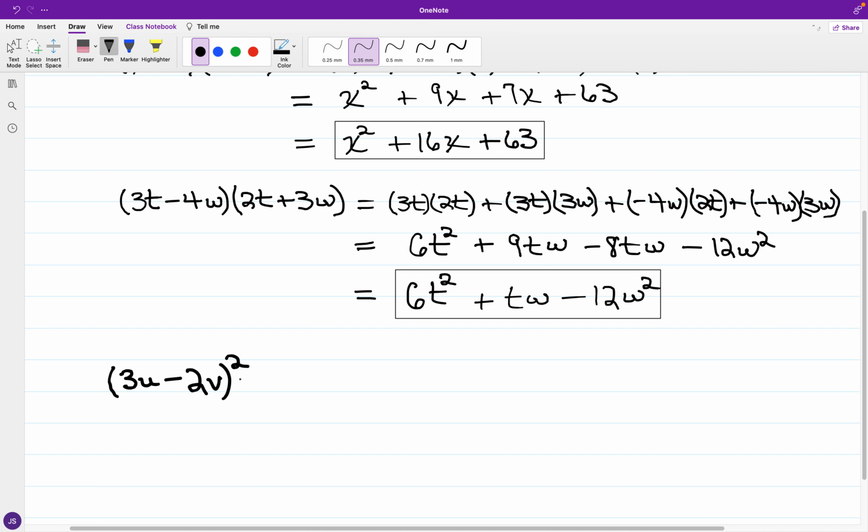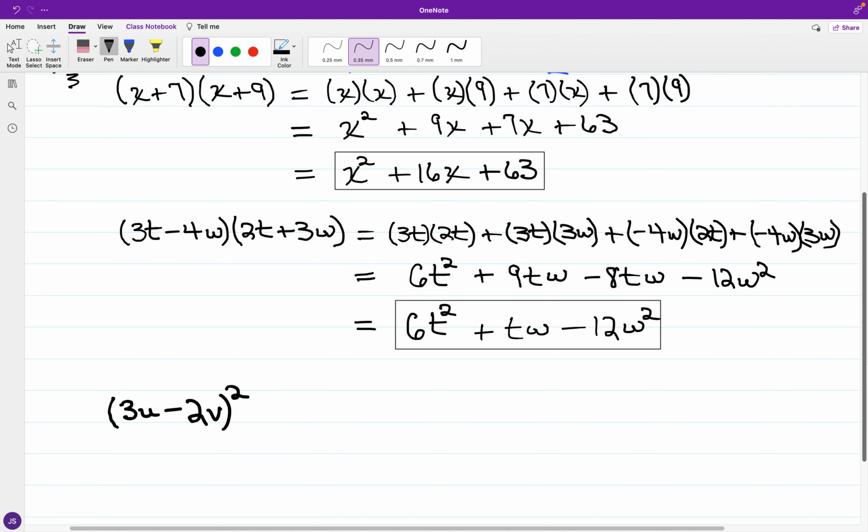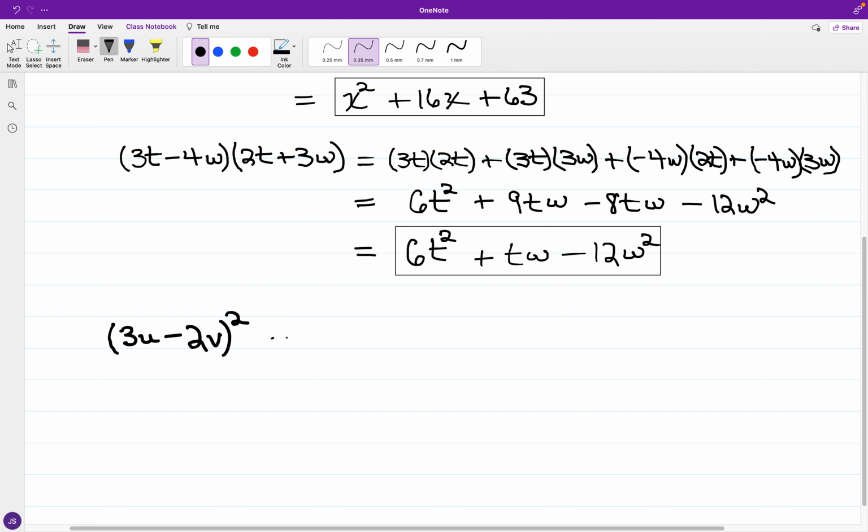If I translate this into multiplication, that number 2 means you're going to have 3u minus 2v repeated. In other words, that 2 signifies the number of appearances of 3u minus 2v. Like if I had 3u minus 2v to the third, it would be 3u minus 2v times itself times itself.